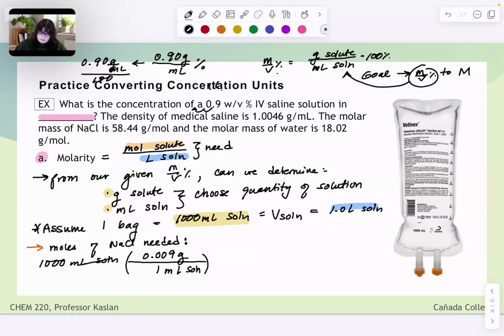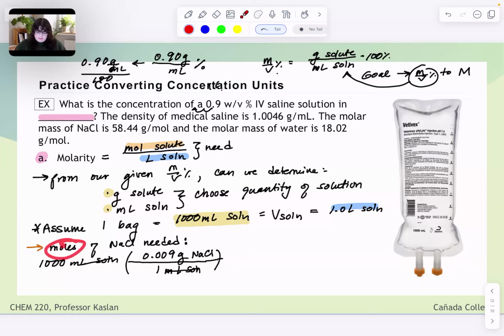All right, mL of solution cancels. And I have dropped some important information. When you're doing these conversions, I strongly suggest that you identify solute and solvent. So I'm going to say this is grams of our solute, which is sodium chloride here. And now let's look at what we're trying to find.